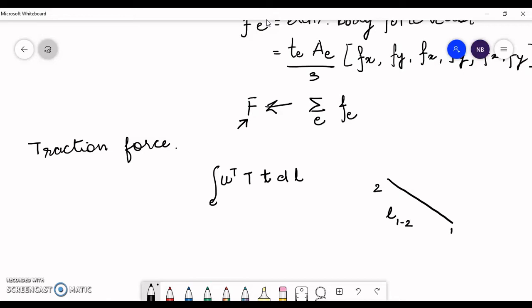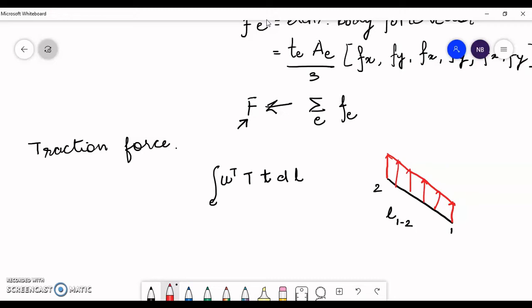It is acted upon by a traction force Tx and Ty, and the unit is force per unit area.